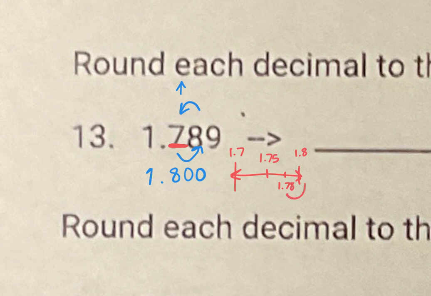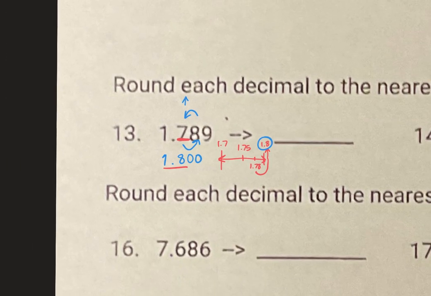And it's closer to 1.8, which is my final answer, 1 8/10, than it is to 1.7 or 1 7/10. So if we're rounding to the nearest tenth, then my nearest tenth is going to be 1.8, or 1 8/10.